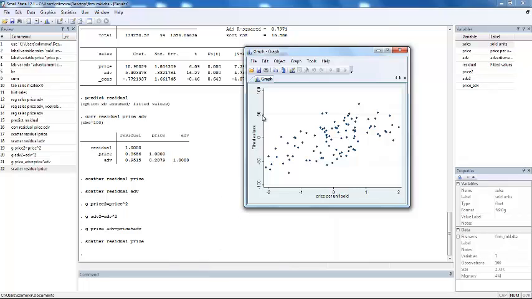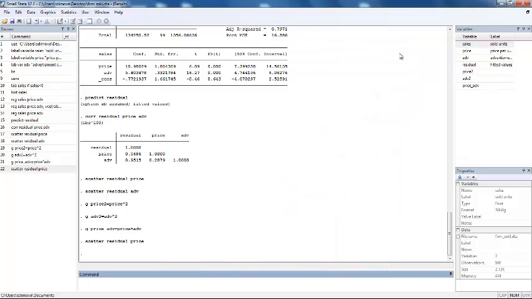Just by looking at the graph, there is not a strong evidence that there is some relation between the price and the residual, and this is what we want in order for our usual OLS assumptions to hold.